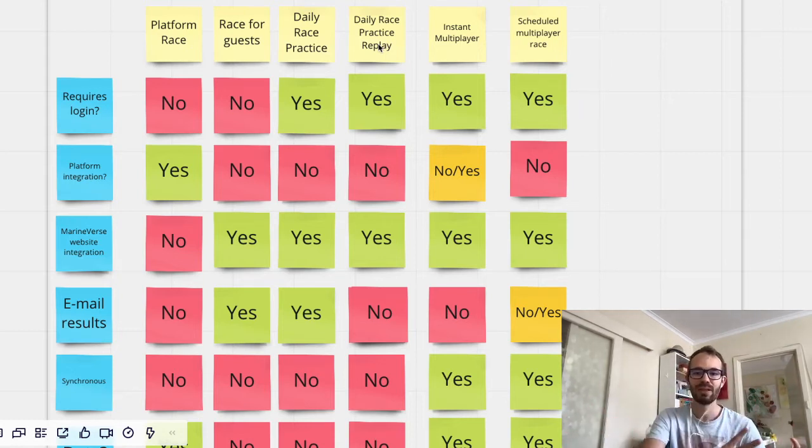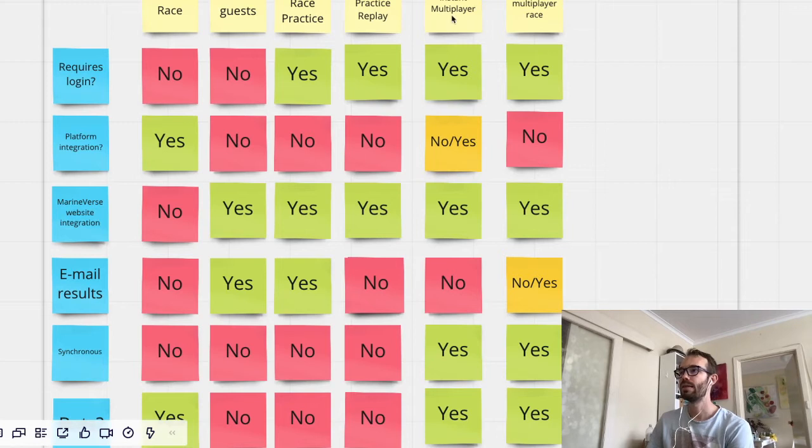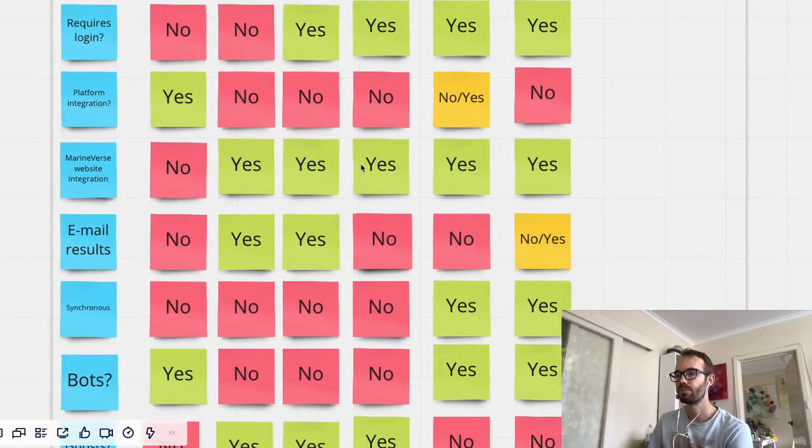There was a specific time window to submit that race result. Instant multiplayer, obviously, you can play wherever you want as long as 2 of you join into the same game session, whereas scheduled, as you would expect, are scheduled for a specific time.